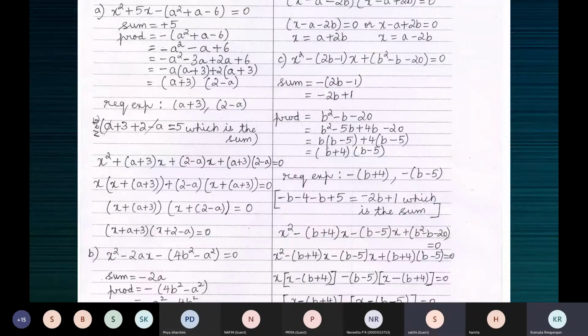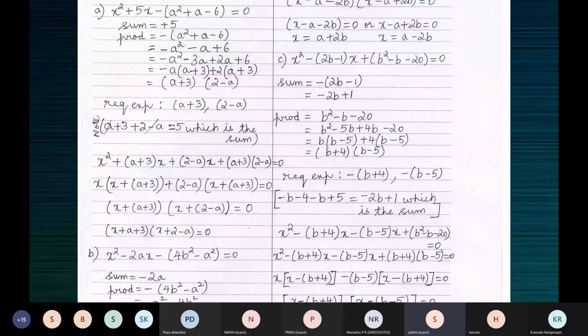Yes, ma'am, I have a doubt, ma'am. Instead of finding in the a terms, can we first substitute instead of a as minus 3 and 2, like that we can do, ma'am. Okay. You want to replace the expression a square plus a minus 6 with what?